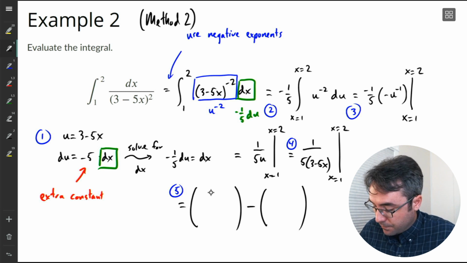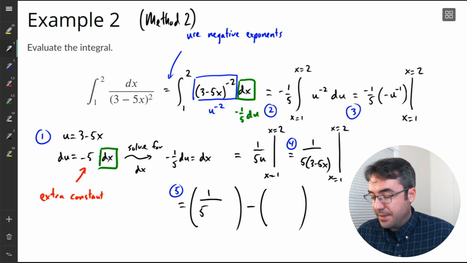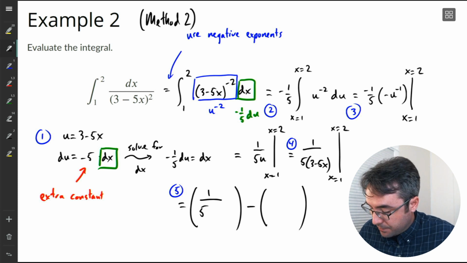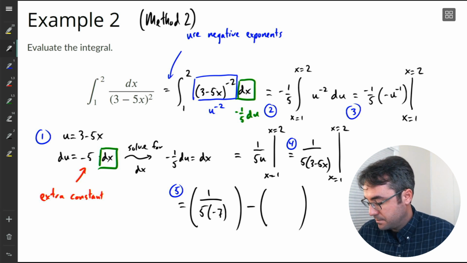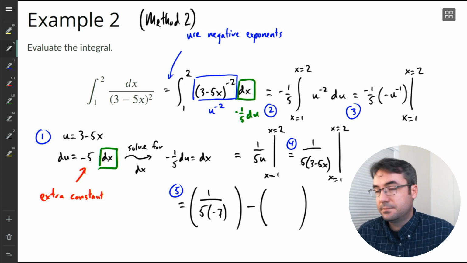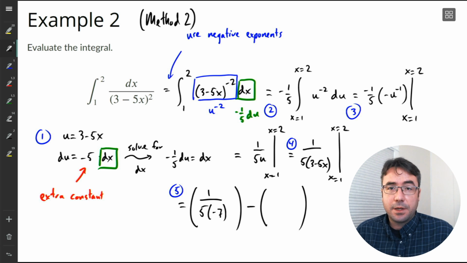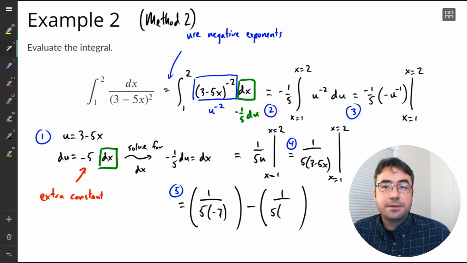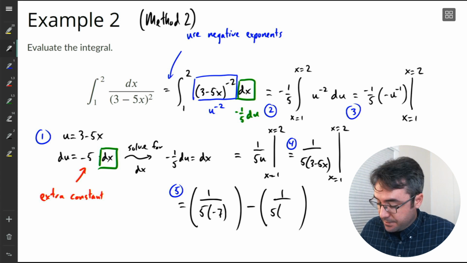We get 1 over 5, and then when we plug 2 into that 3 minus 5x, we're going to end up with negative 7. And then we plug the lower number in, x equals 1. We get 1 over 5 times 3 minus 5, which is negative 2.